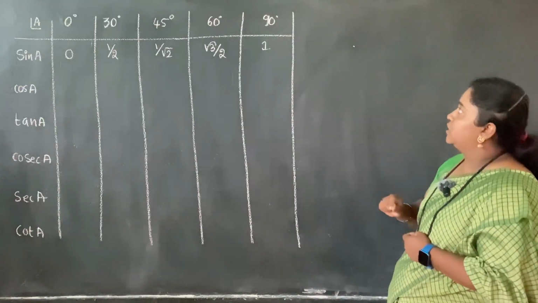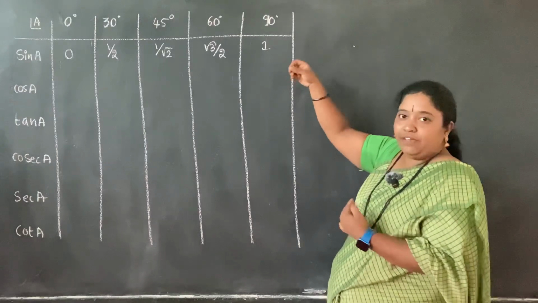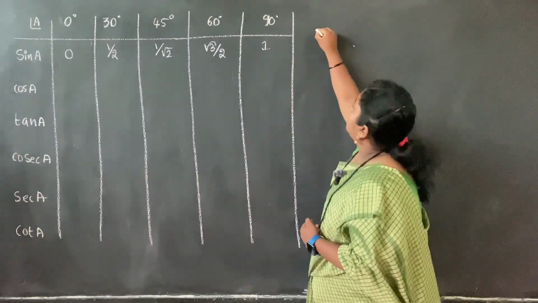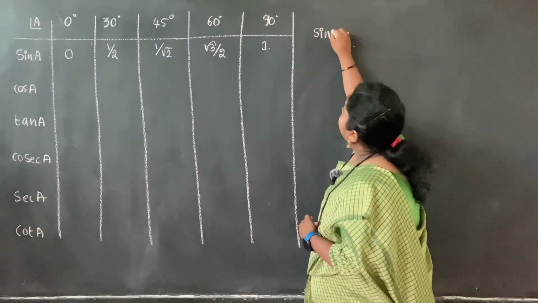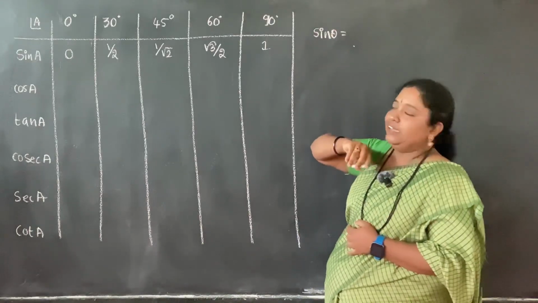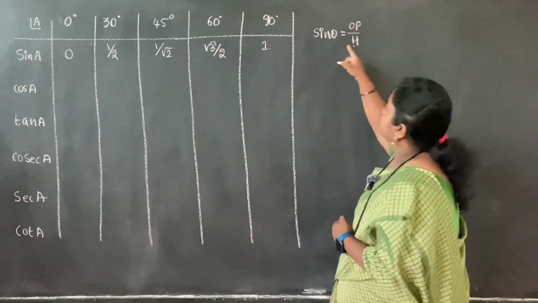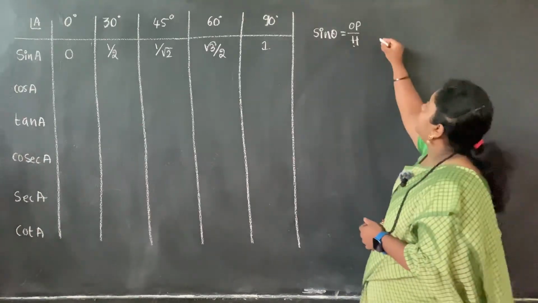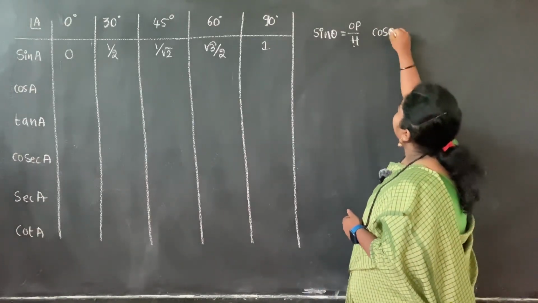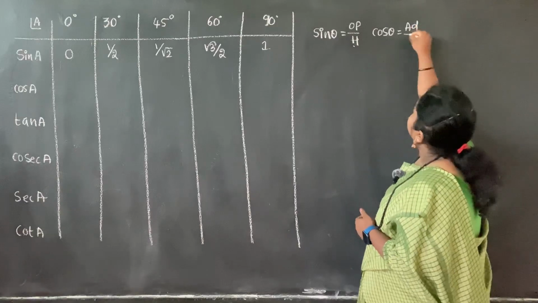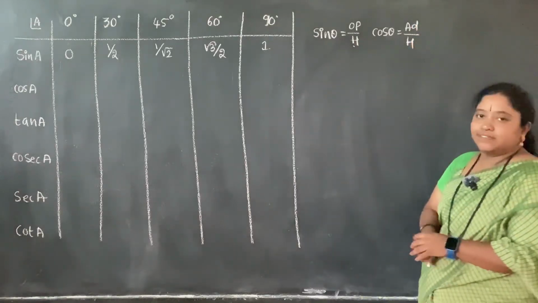What is the relation? In the previous videos, you have learned that sine of any angle, that is sine theta, can be written as opposite by hypotenuse. This you remember. And cos theta is nothing but adjacent divided by hypotenuse.